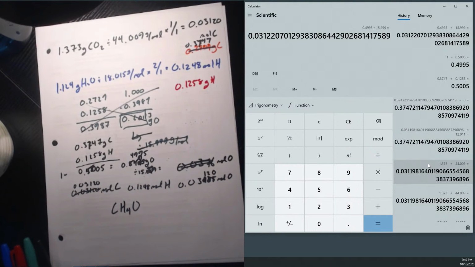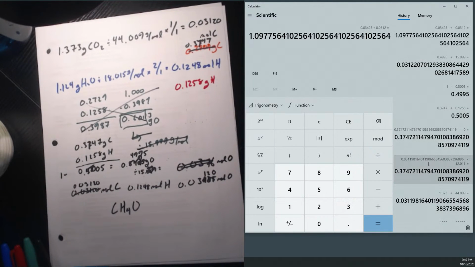Because when we look at it, 425 divided by 0.0312, that would be 1.098, right? That's a little too far off for me to really be comfortable calling that the whole number ratio of 1. It's just weird, and it doesn't look like a regular sort of oddity.